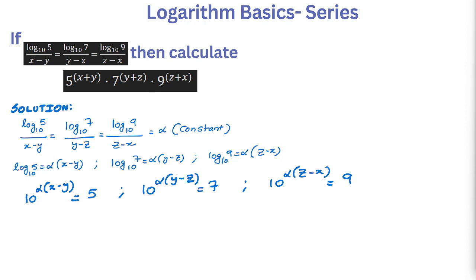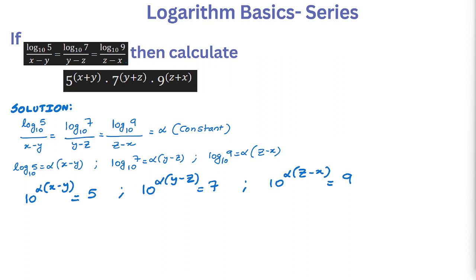Now what we're going to do is express this, which is in logarithmic form, into exponent form. The reason we're doing this is that the thing we're trying to calculate is already in exponent form, but we're given our expression in logarithmic form.